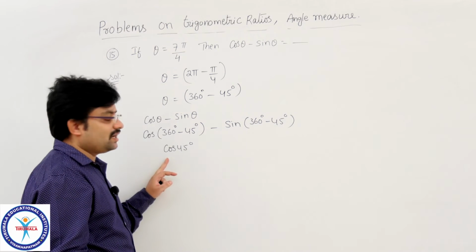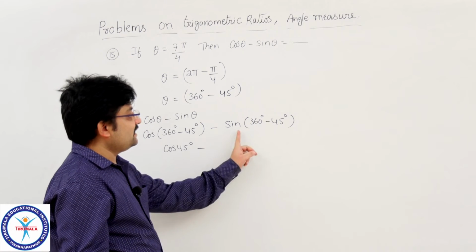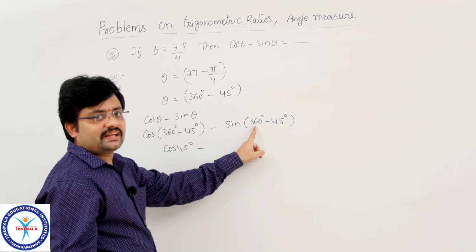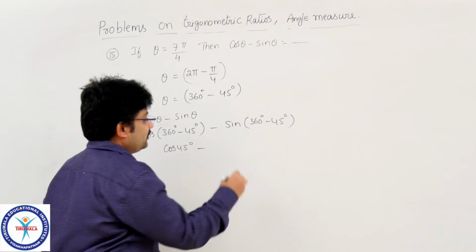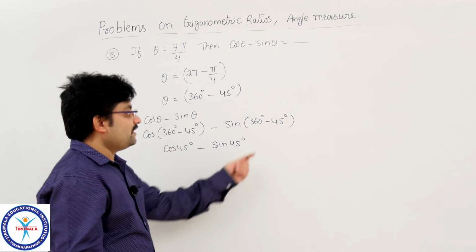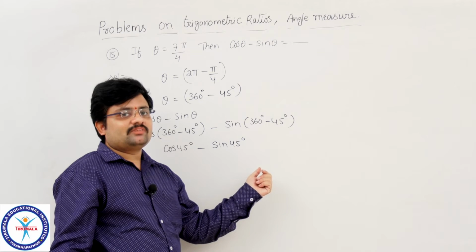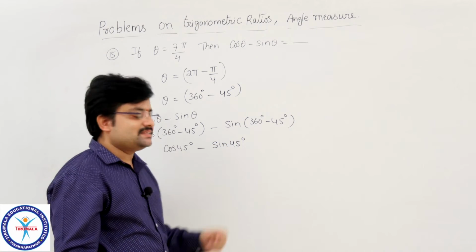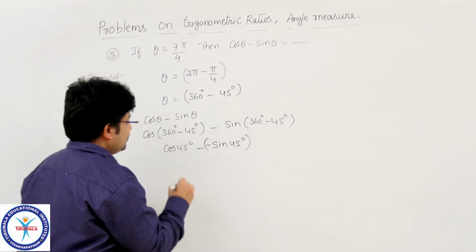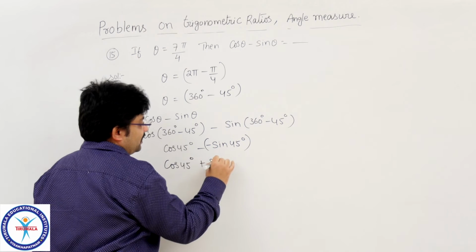So, here cos 45 degrees minus sin of 360 degrees minus 45. There is no change in the trigonometric ratio, it will be sin 45 degrees. 360 minus theta lies in the fourth quadrant. In the fourth quadrant the sign is negative, then it is minus sin 45 degrees, that is cos 45 degrees plus sin 45 degrees.